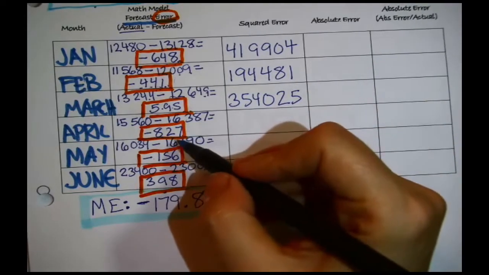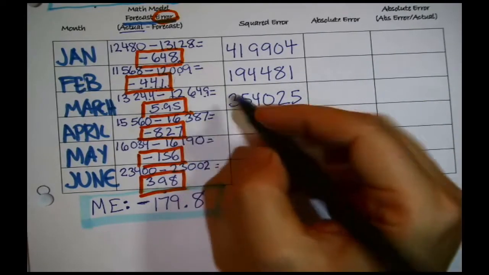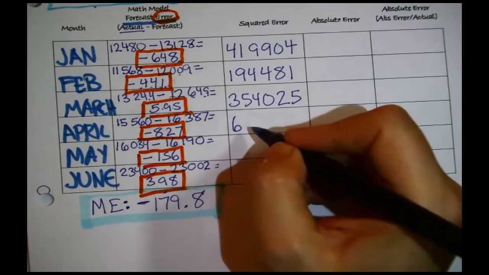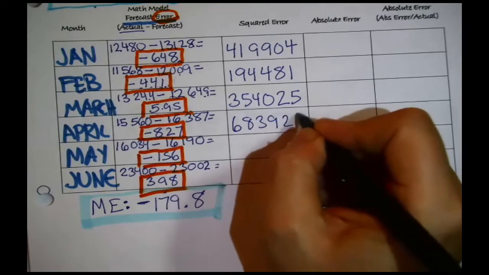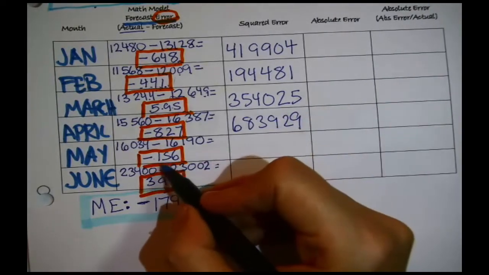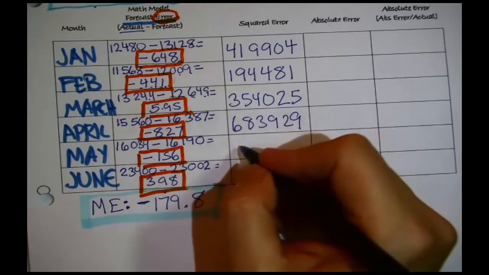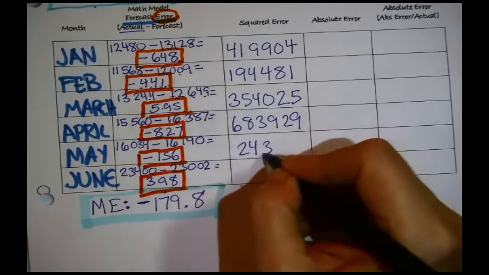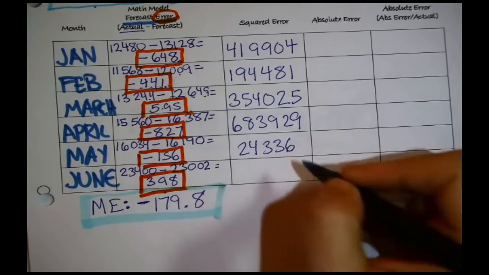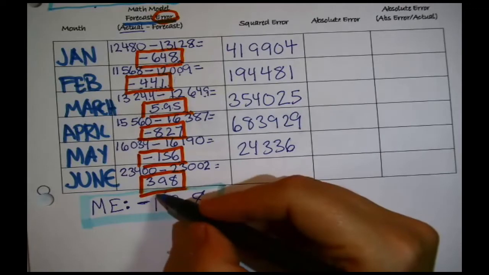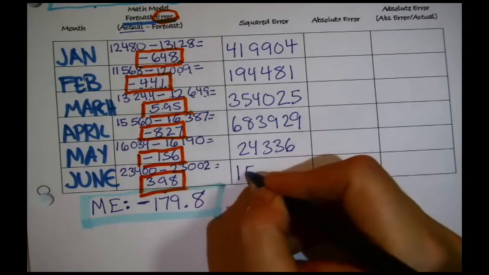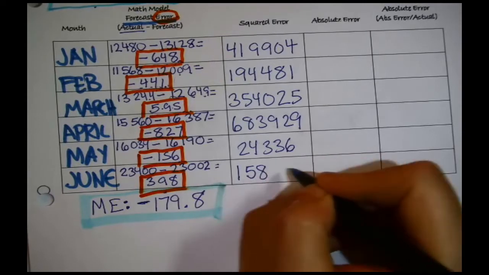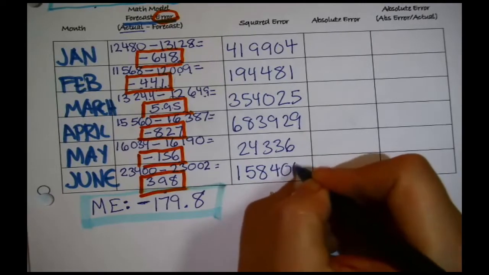And a negative 827 squared turns into a huge number, 683,929. Then a negative 156 squared, I get 24,336. And then not a negative, just 398 squared, I get 158,404. You can check me on that.